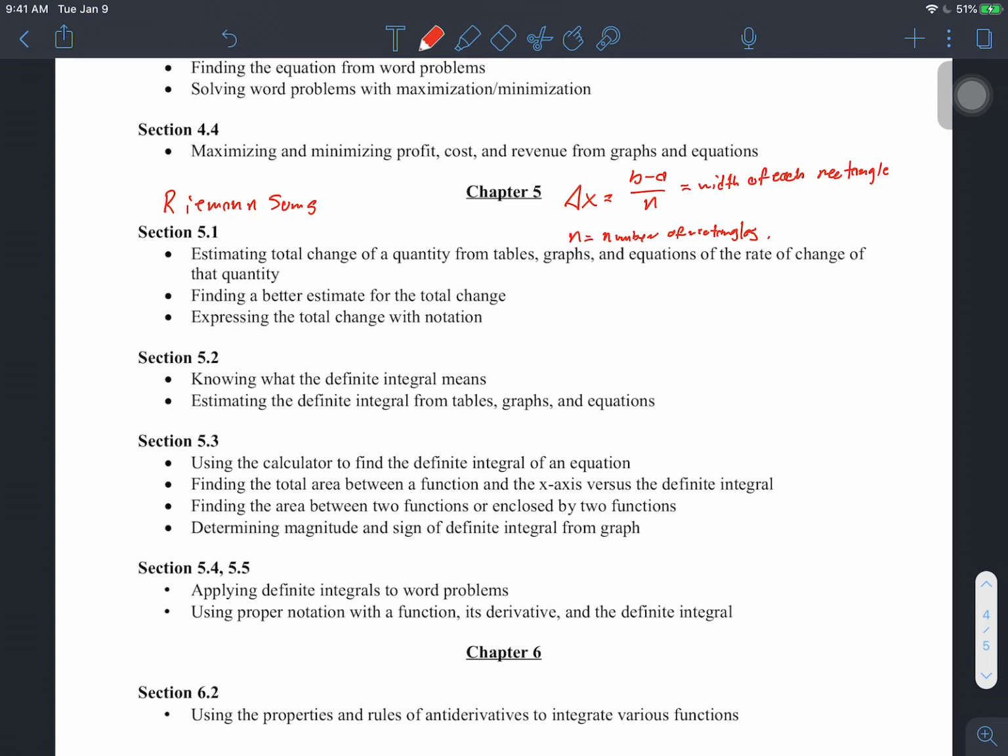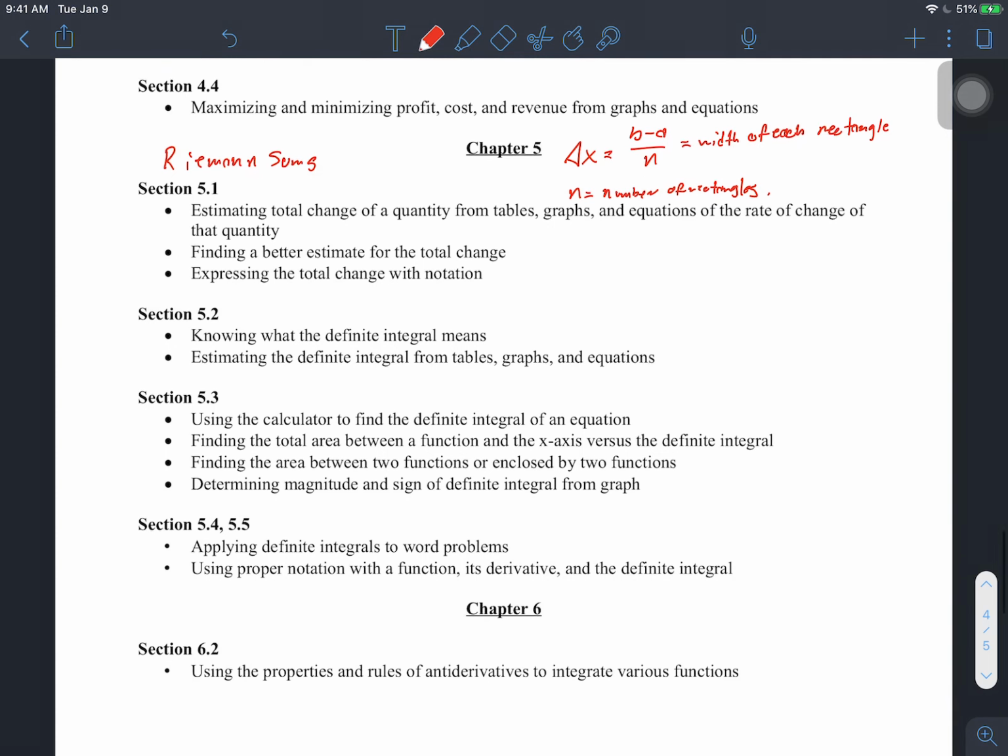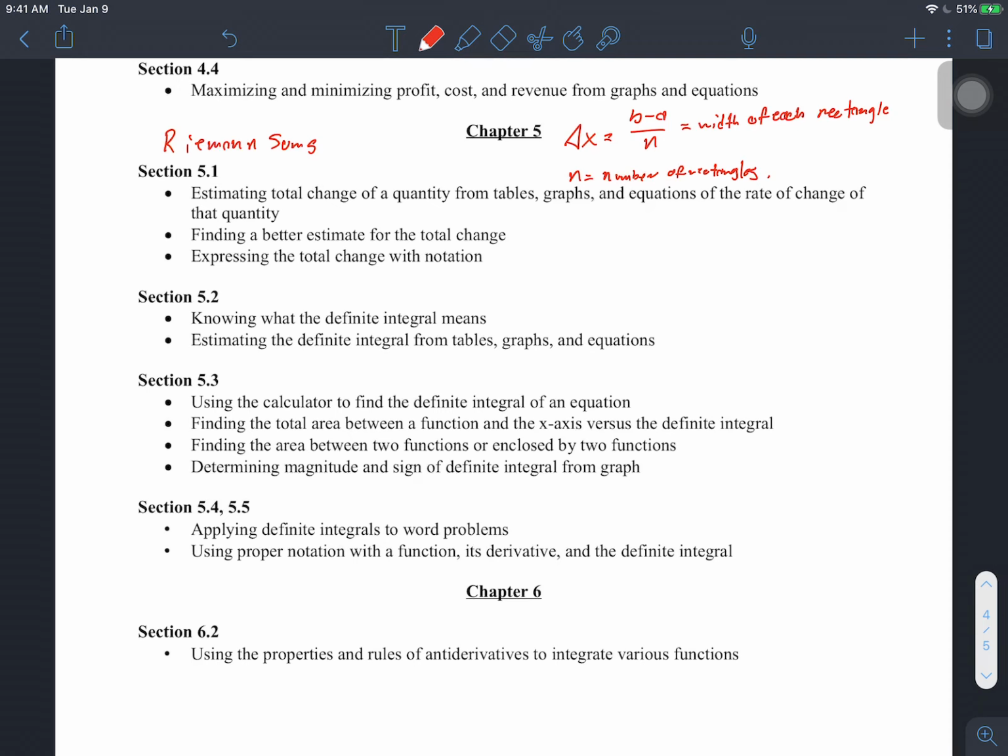Okay, so let's see here. Expressing total change with notation. We should know what the definite integral means. Specifically, we should know that it is the limit of the Riemann sums when we use more and more rectangles.